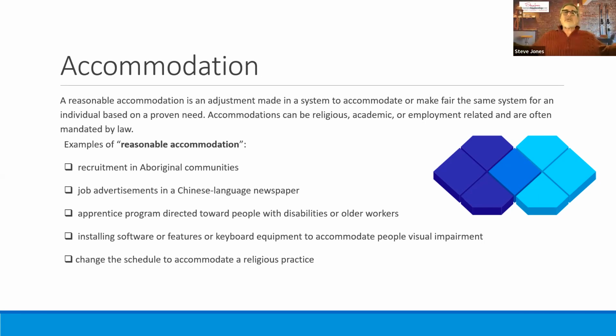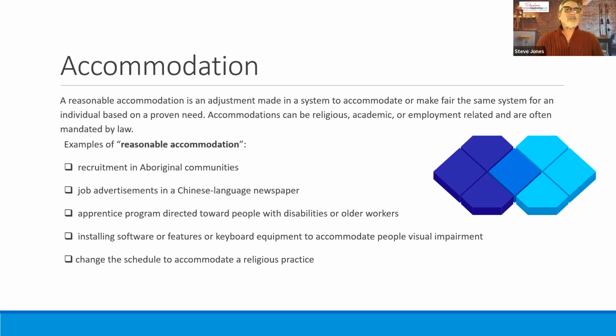Why wouldn't we just reasonably accommodate Chinese people by running advertisements in Chinese to hire people that might speak Mandarin or Cantonese? And now we can accommodate our customers. We can reasonably accommodate the part of the world that we never attracted before when we wrote our ads only in English. So these are reasonable accommodations.